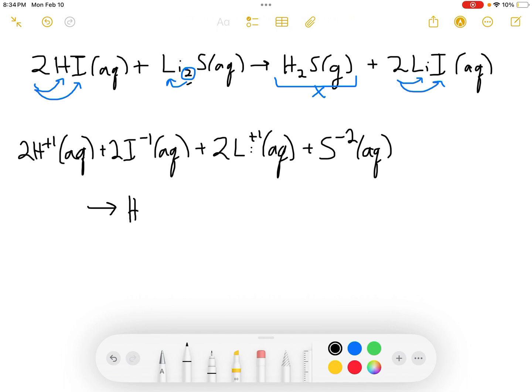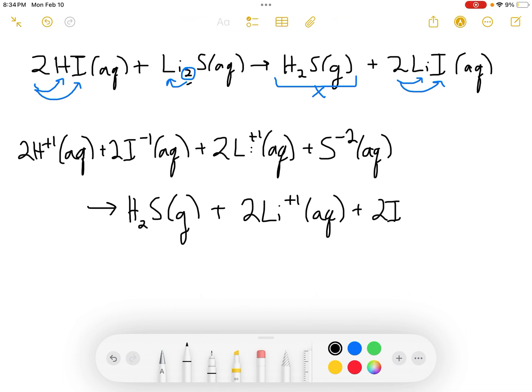Then we have our hydrogen sulfide, which, because it's a gas, does not get broken up. And we have our lithium iodide. So, sorry, this is a complete ionic equation. We need to break it all up. We have our 2 lithiums, which are +1 charge. And we have 2 iodides, which are -1 charge.